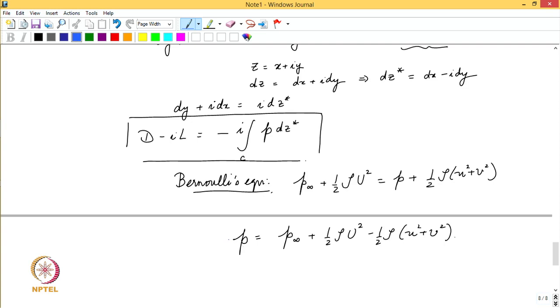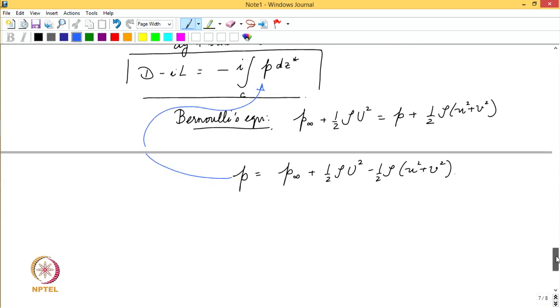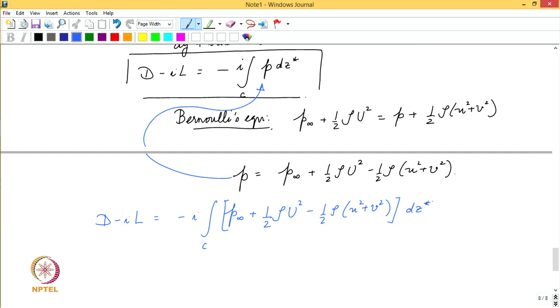So, we can substitute this pressure here, and then let us do a few steps to see what we get. So, we will get d minus iL to be minus iota integral over a closed contour. By the way, C is a closed contour, which is a very important part of this derivation. So, this would be P infinity plus half rho U square minus half rho u square plus v square dz star. Okay.